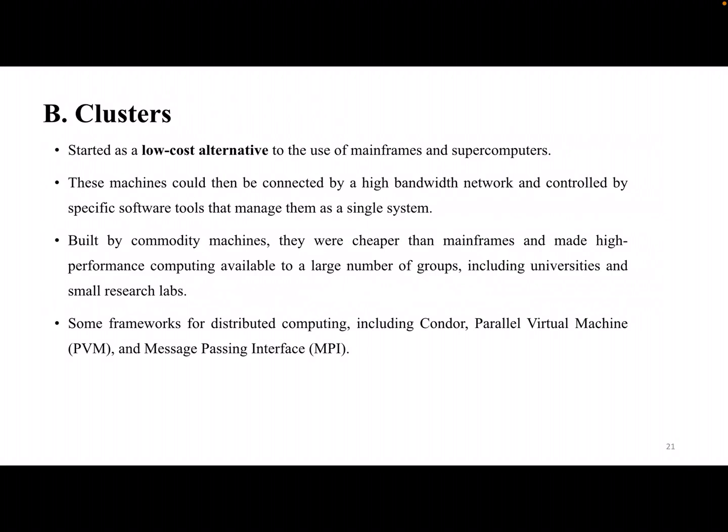Built from commodity machines, they were cheaper than mainframes and made high performance computing available to a large number of groups, including universities and small research labs. Some frameworks for distributed computing include Condor, Parallel Virtual Machine, that is PVM, and Message Passing Interface, MPI.